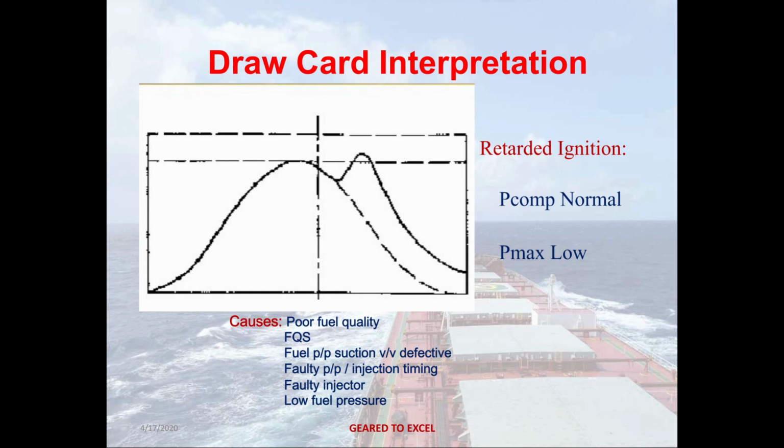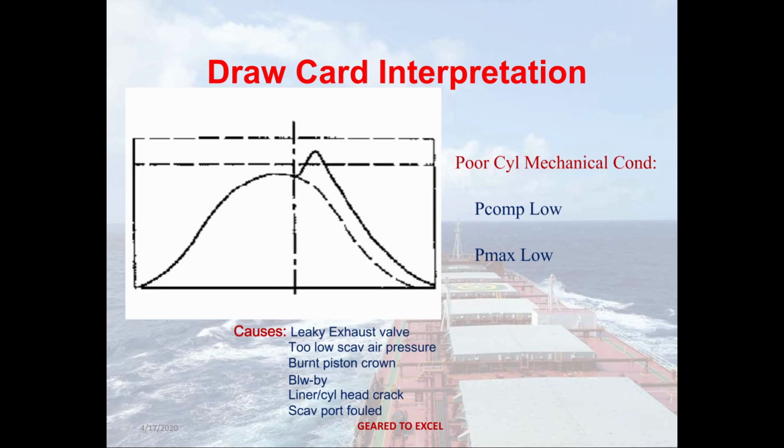Another card. By this card you can check the cylinder mechanical condition. This is an example of a poor cylinder mechanical condition, so you will have a card like this. In that, the compression pressure is also low, Pmax is also low. You can see here the compression pressure is below the normal line and also the Pmax is below the normal line.